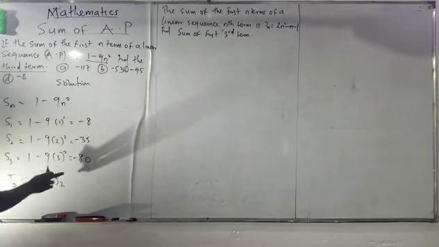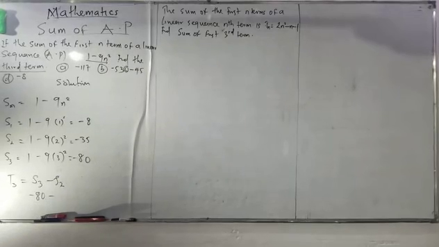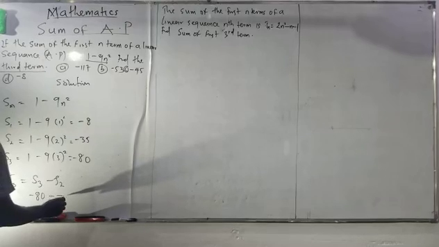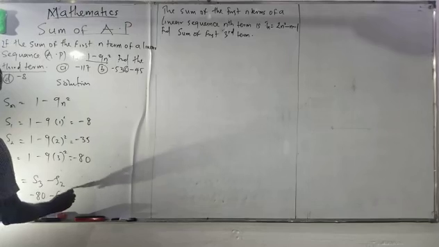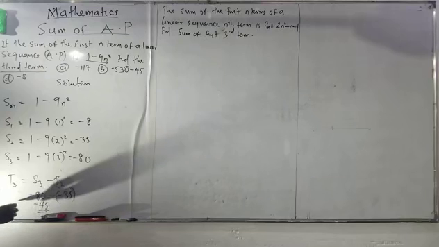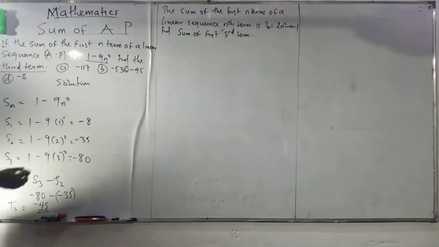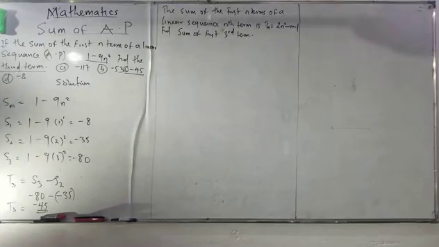What is my sum of 3? I will have minus 80 minus 35, which will give me minus 45. That is my T of 3. It means my T of 3 will be minus 45. That is my answer. That's all.